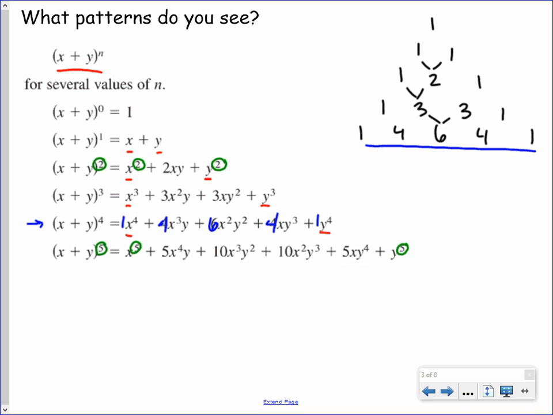What we have is that on the second term, the coefficient is always going to be the same as the exponent. I think that's a good pattern to notice. Okay, so he's saying the second term, so the first one doesn't really have it, I guess, but then you can think 0, maybe. But the second term has the same coefficient as the exponent. So the second term is 1y, has a 1.